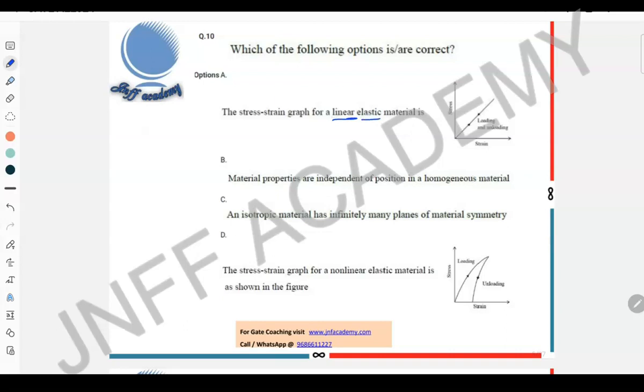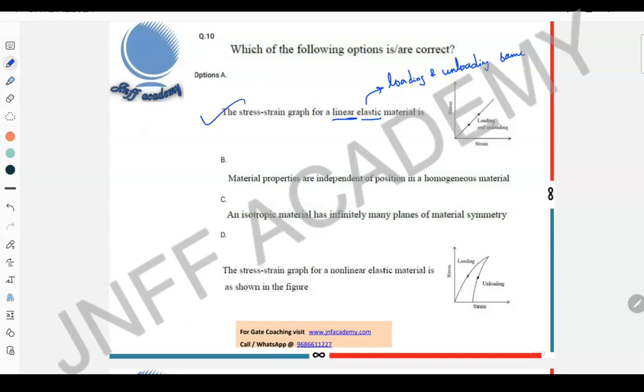Then the next thing is elastic. Elastic means the loading path and the unloading path will be the same. Then we can say that the material is fully elastic. So this option is correct.